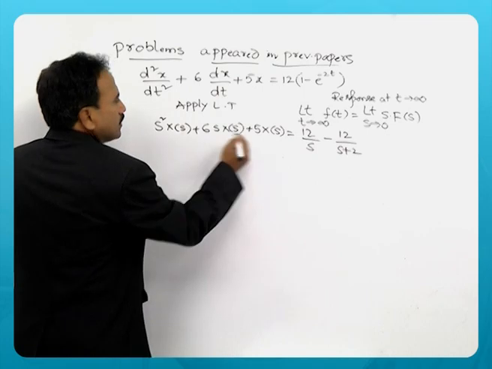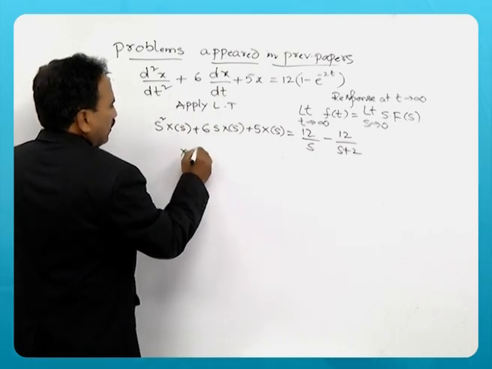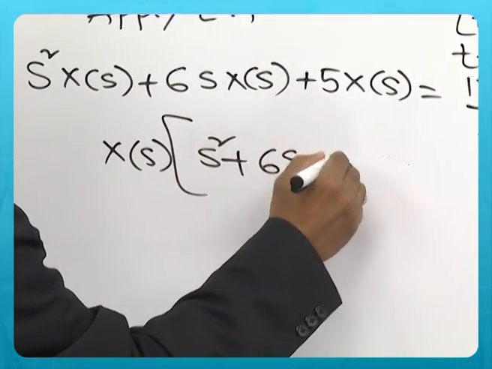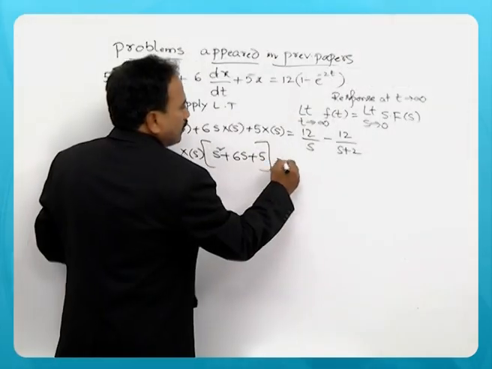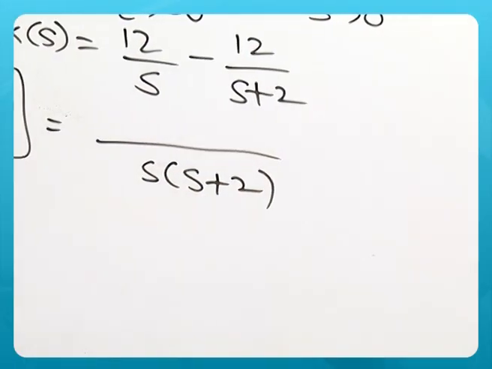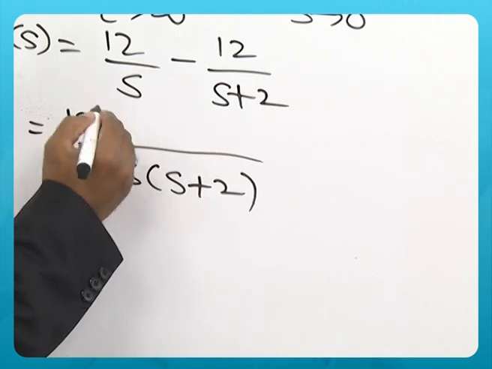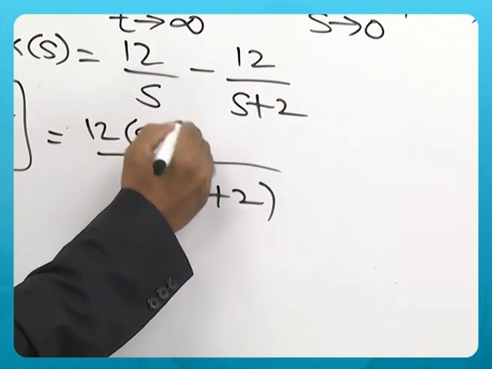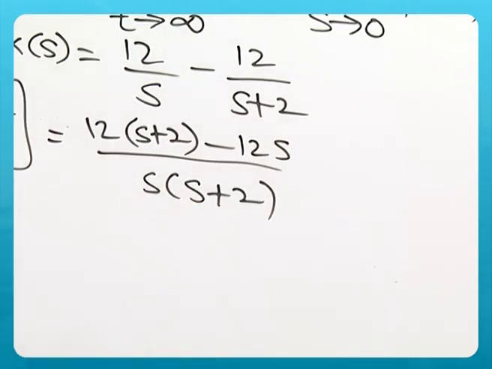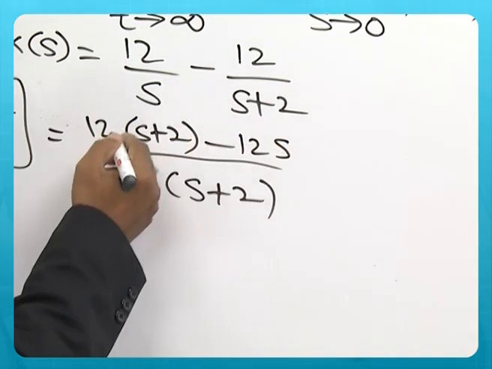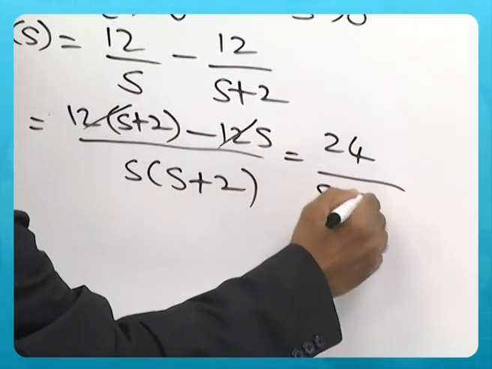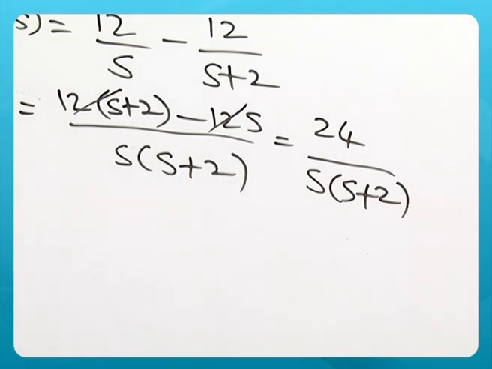Now, X of s is common here: X of s times s square plus 6s plus 5 is equal to s into s plus 2 in the denominator. Then this is 12 into s plus 2 minus 12s. So, these two get cancelled, this is 24 by s into s plus 2.